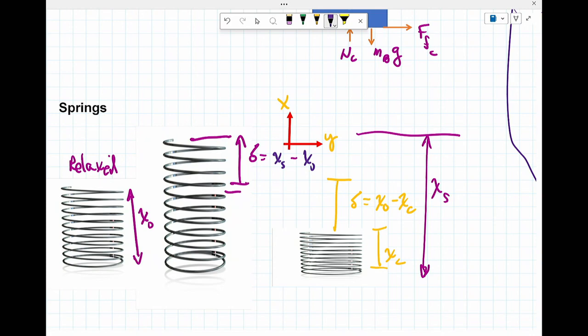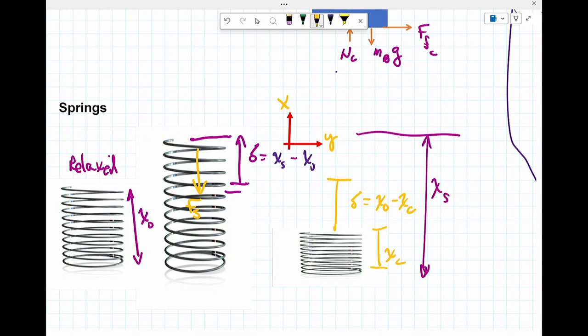And I have the force of the spring, because it's not the stretching that I do, it's the force in the spring. The spring wants to come back. So if the spring wants to come back to its unstretched, relaxed position, it will have a force that's acting in the opposite sense of its displacement.